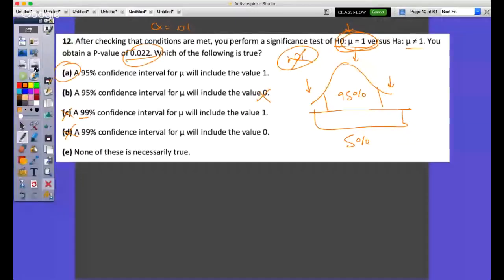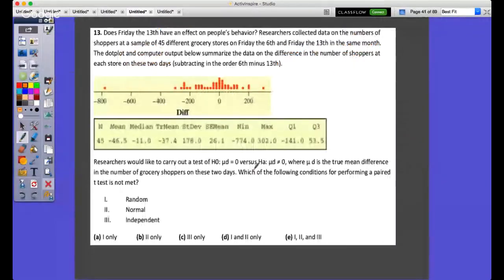13. Moving on. Yeah, so this one says, which of the following conditions for performing a paired t-test is not met? Okay, so let's go through the random condition. An effect on people's behavior. Researchers collect data on the numbers of shoppers at a sample of 45 different grocery stores on Friday the 6th and Friday the 13th in the same month.